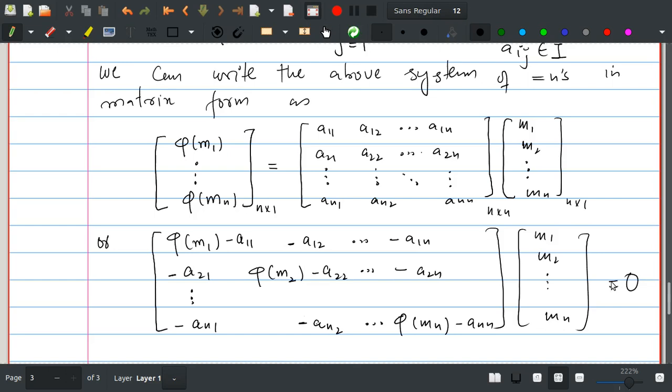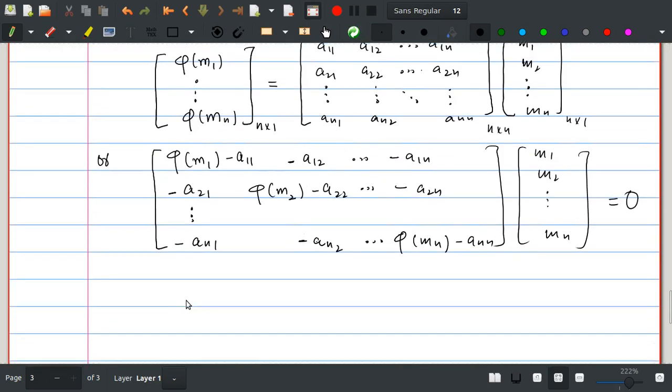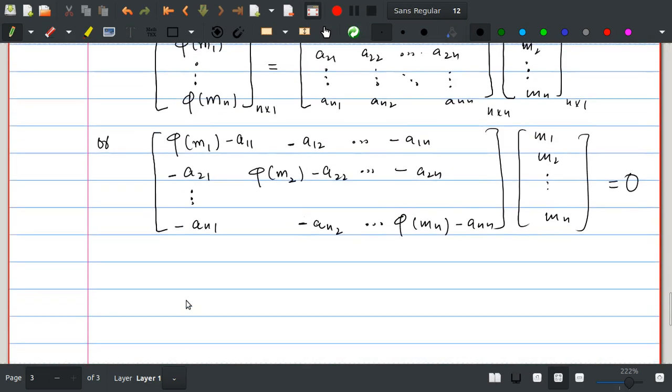Now each entry in this matrix is an element of A[phi].